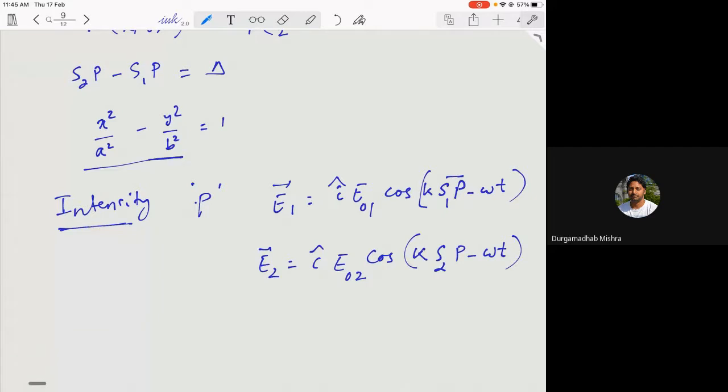Since the wavelength is the same, K is the same, but only the path lengths are different, the values S1P and S2P for both the cases. And I cap is nothing but the unit vector along the direction of the electric field.